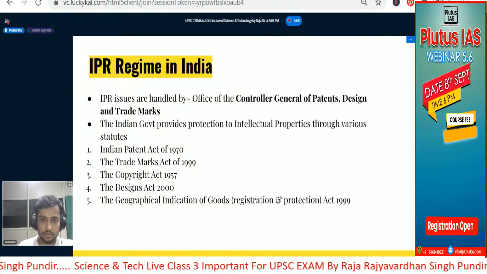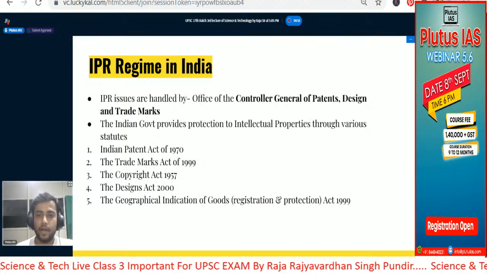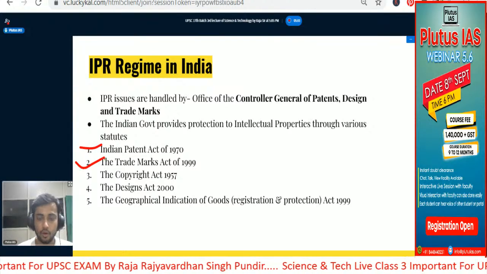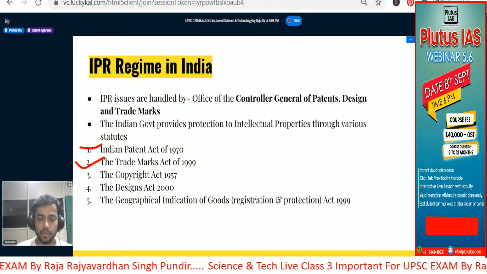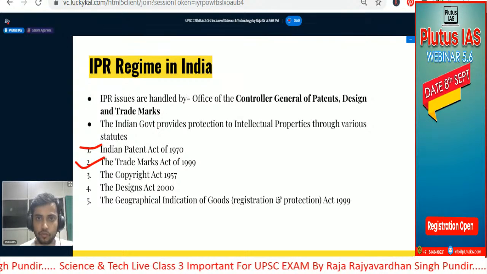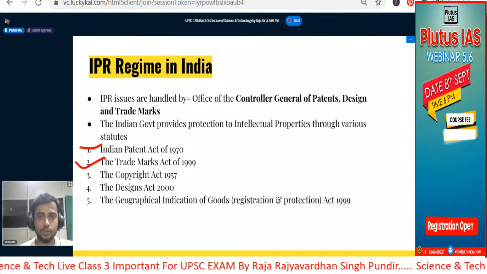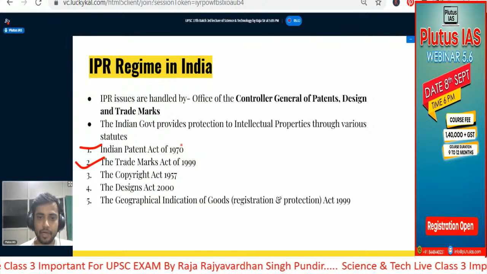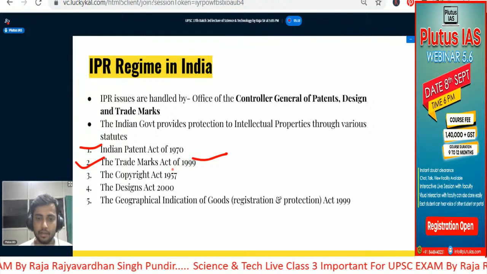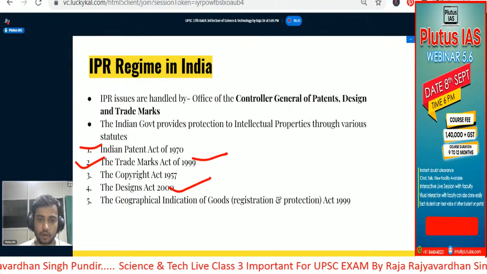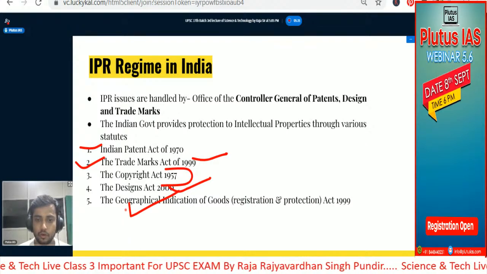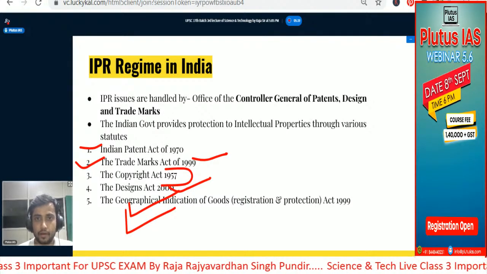Fine, sir. So yesterday I told you that India has passed certain laws for the protection of intellectual property. Every country passes certain laws for the protection of intellectual property, and the laws that are passed by India are the Indian Patent Act of 1970, the Trademarks Act of 1999, the Designs Act of 2000, the Copyright Act of 1957, and the Geographical Indication of Goods Act 1999.